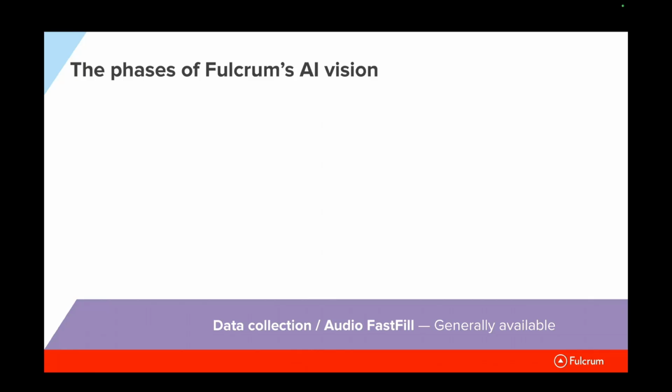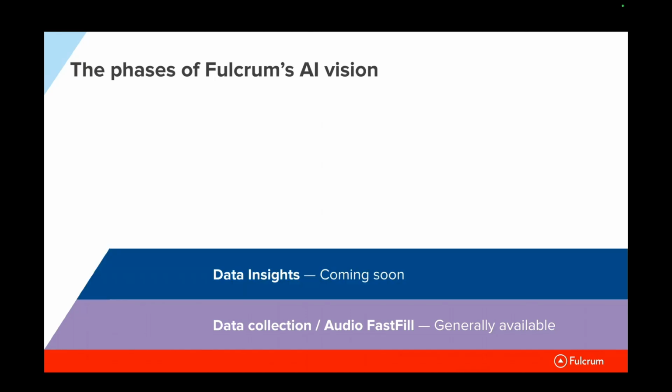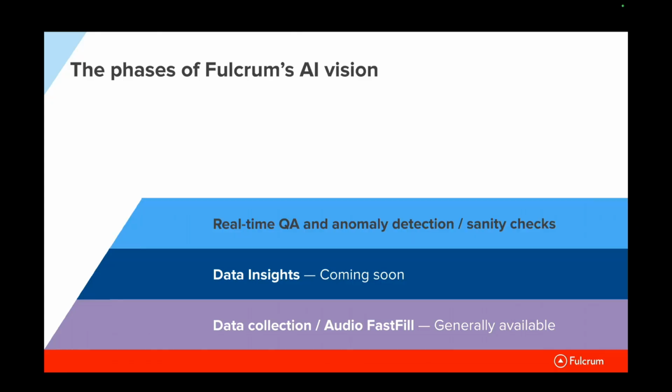And it does that without requiring any additional setup on your part as part of the process you're engaged in. Data insights is about analysis, and that's coming very soon. If you're listening to us next week, you'll hear about it. There is that real-time quality assurance and anomaly detection I talked about, or what I called sanity checks in the video.